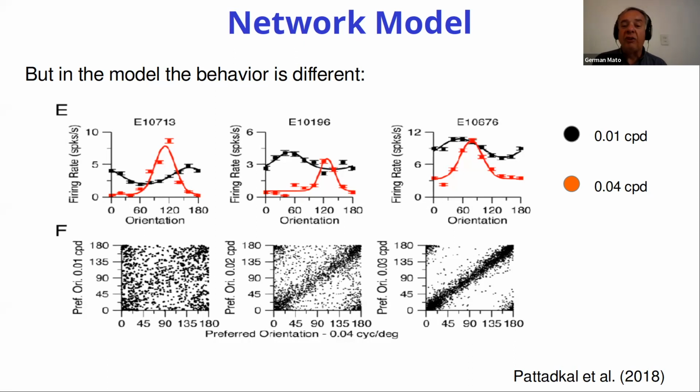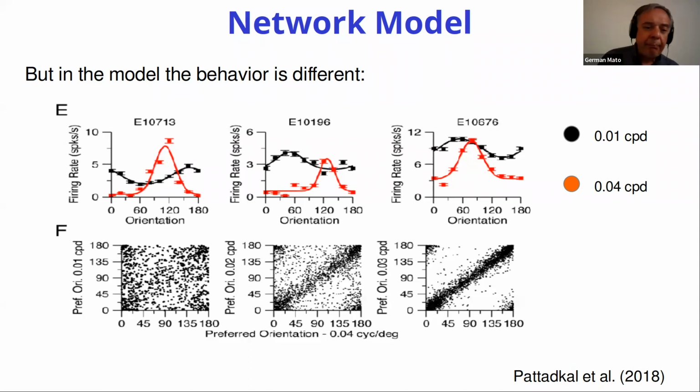The center one is 0.04, 0.02, and the left one is 0.04, 0.01. We can see that if the spatial frequencies are similar, then there is a strong correlation between preferred orientations. But as the spatial frequencies become more different, the correlation is totally lost.